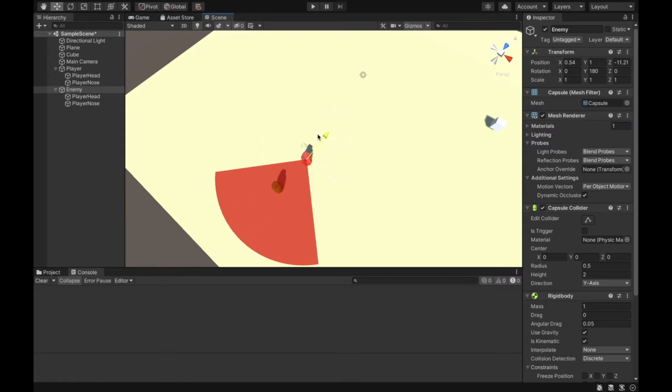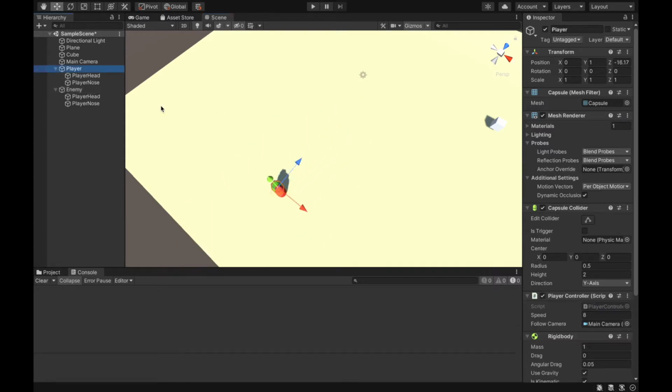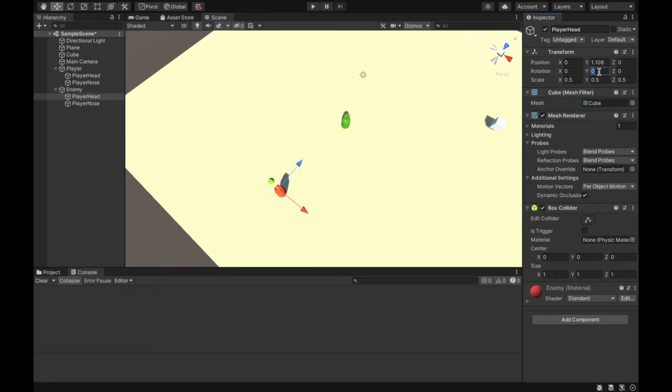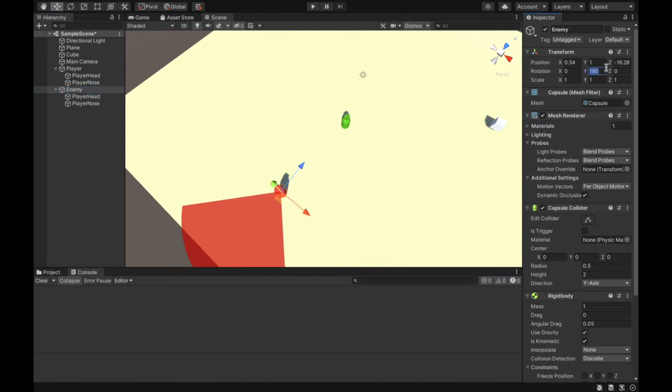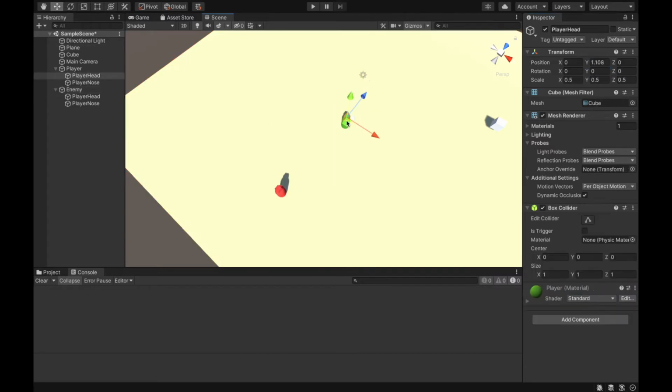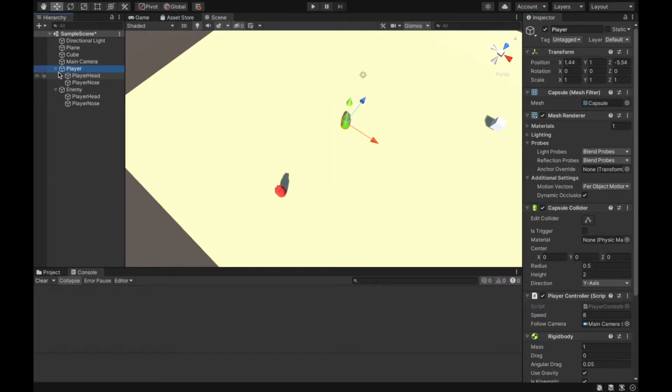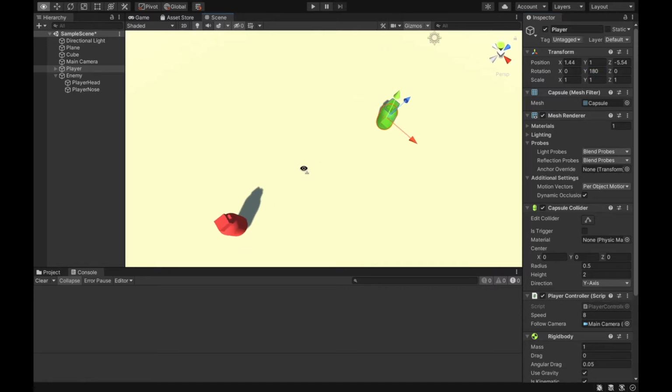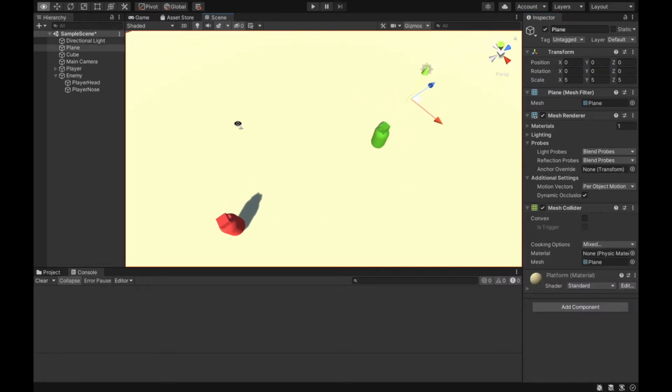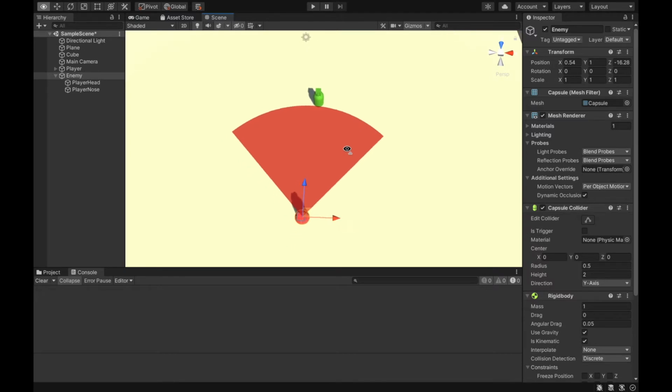So I will place the enemy here and the player up here like this, and I will change the enemy angle to 0 degrees, so the enemy is facing the player. And the player will have 180 degrees, so it's facing the enemy like this.